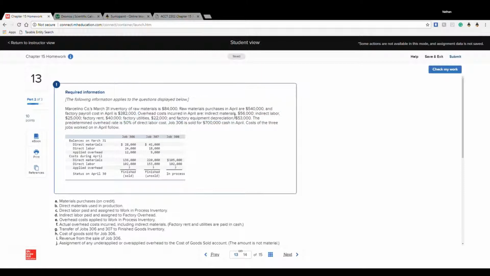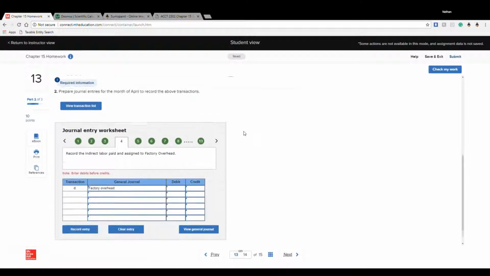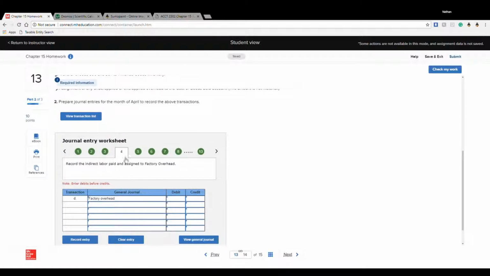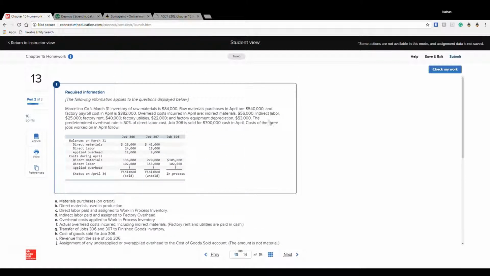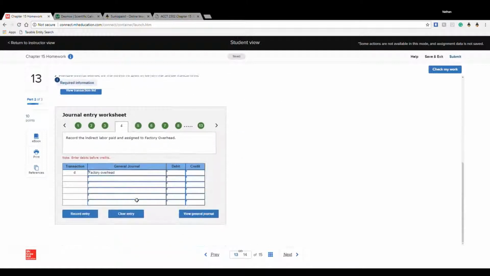So our indirect material, or is this cash? Or labor? No, this is labor. Okay, so indirect labor was 25,000. So since we paid for this, it is cash. So get a total of 25,000. Okay.